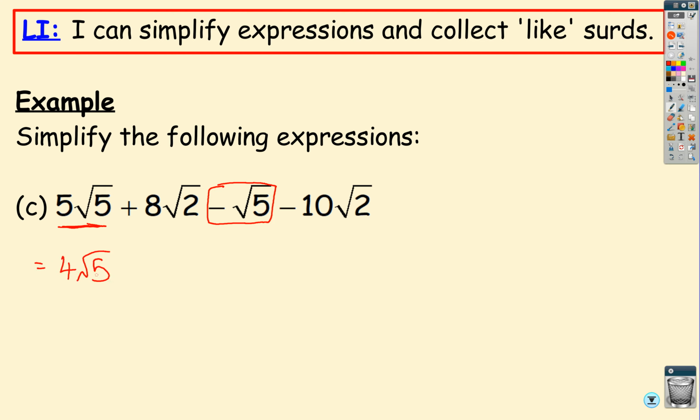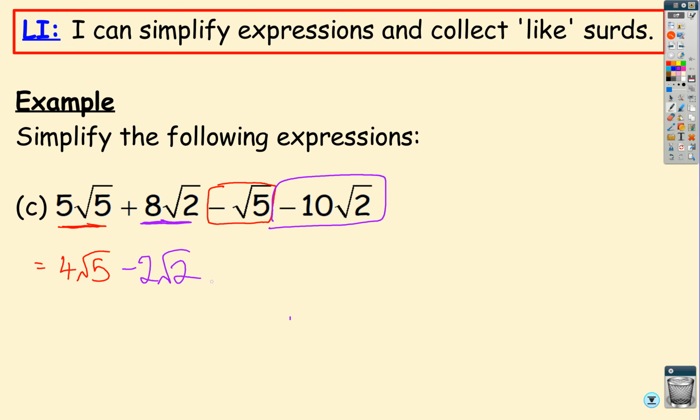Okay, and then 8 root 2, take away 10 root 2. This is all the same algebra rules we're using here, just with surds. So 8 root 2 take away 10 root 2 is negative 2 root 2. Okay, so the answer is 4 root 5 take away 2 root 2.